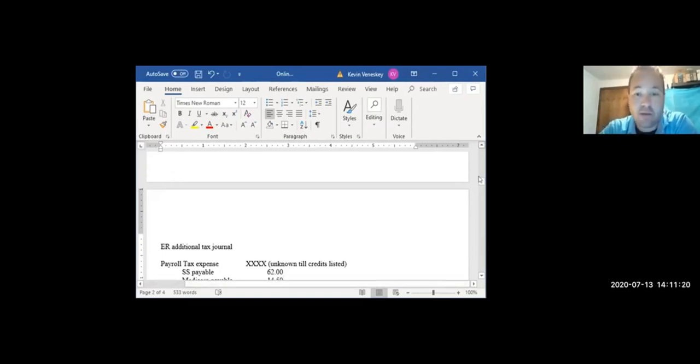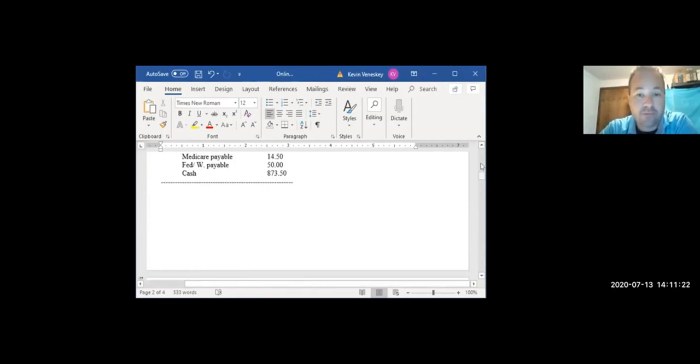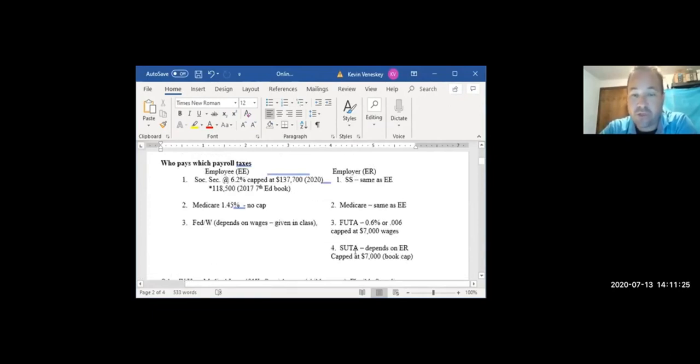Then we go back up and let's look at our final 2 items, the FUTA and the SUTA taxes. With FUTA, the key thing here is it's capped at $7,000. So once I hit that threshold, I no longer pay FUTA taxes for that employee. And we're going to pay taxes at this very low amount, 0.6%.